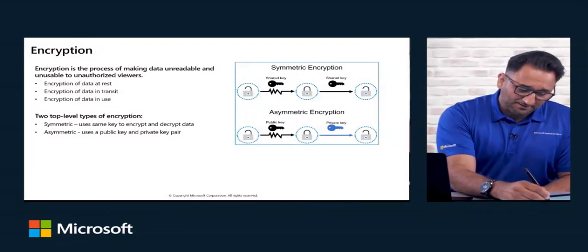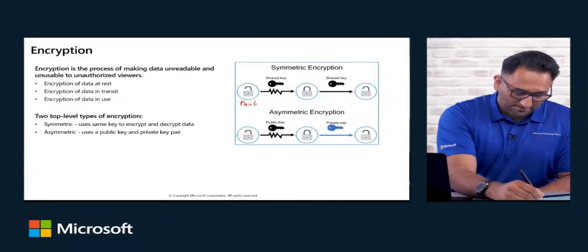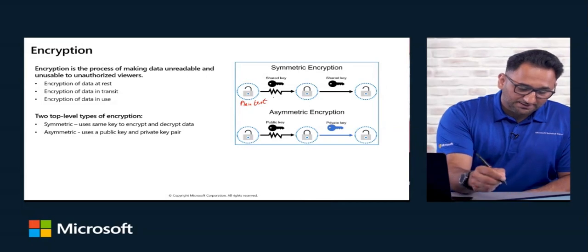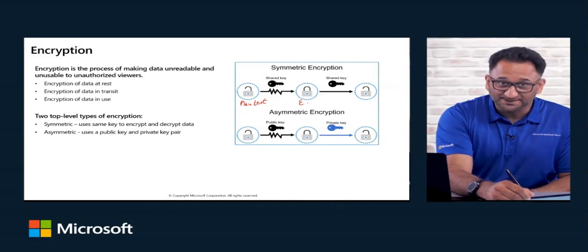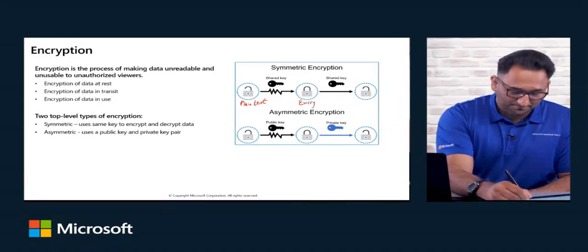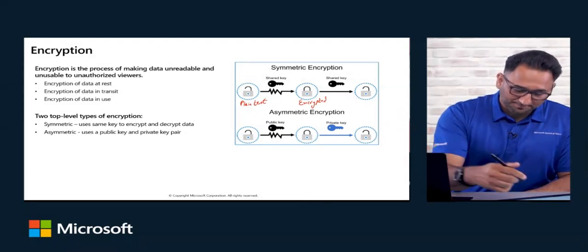For example, if you look at the screen where we can see symmetric encryption, you can see I can have something that is plain text, and I want to ensure that this plain text is converted into an encrypted file or encrypted data, and it becomes non-readable.